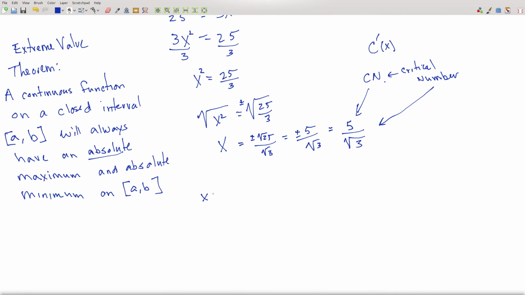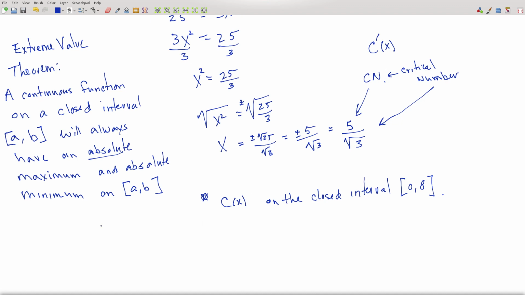We know that we're talking about this cost function that we found earlier, but it's a cost function on the closed interval 0 to 8, because of what we were talking about earlier. So the way we can find this absolute maximum and minimum works like this.